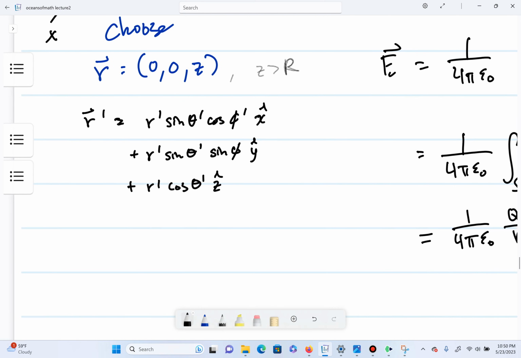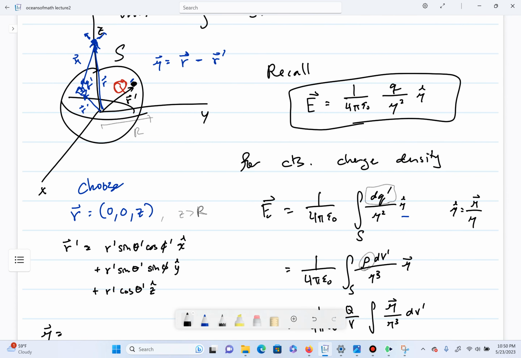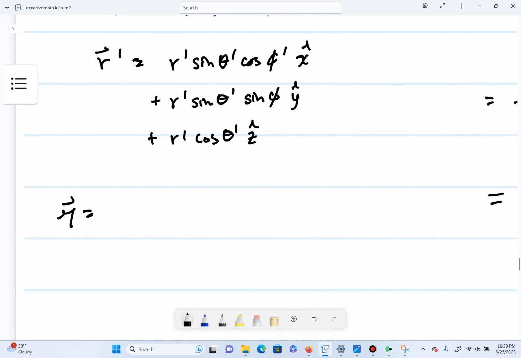Okay, so we know this is our r and our r prime, and so our cursive r vector, which is the distance from the source charge to the test charge, is equal to r minus r prime by definition.